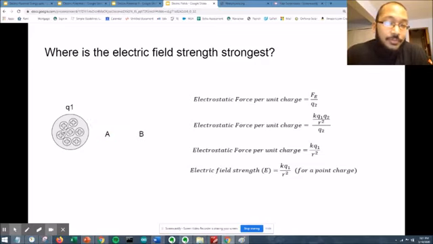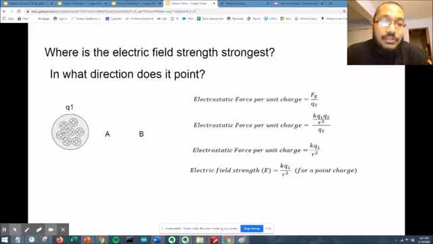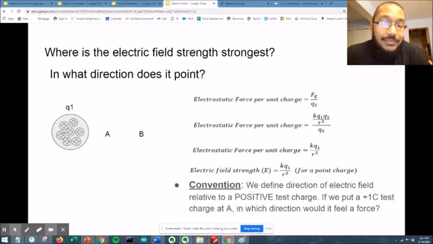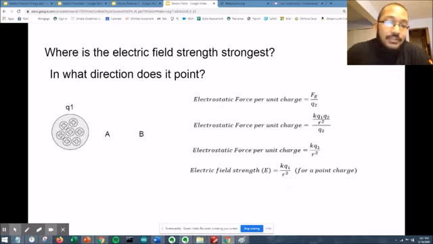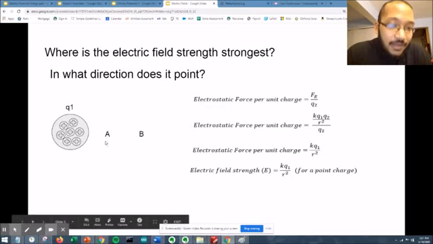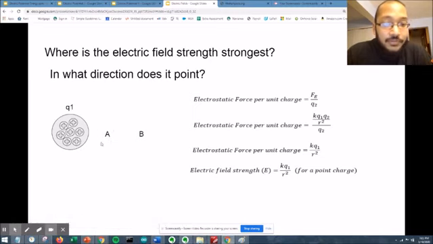But I'm running into a problem. In what direction does the electric field point? It depends. If I put a positive charge at A, you'll see that it'll feel a force to the right. But if I put a negative charge there, it'll feel a force to the left.